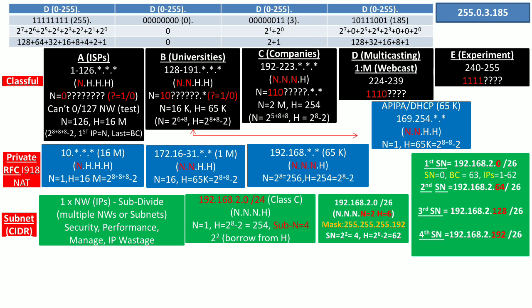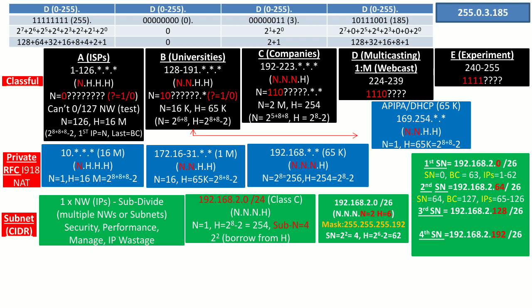Now likewise, the second subnet would start from 64. So the subnet address would be 192.168.2.64, and the broadcast address would be the last IP in that subnet, that is 127, and 128 would be the next subnet.